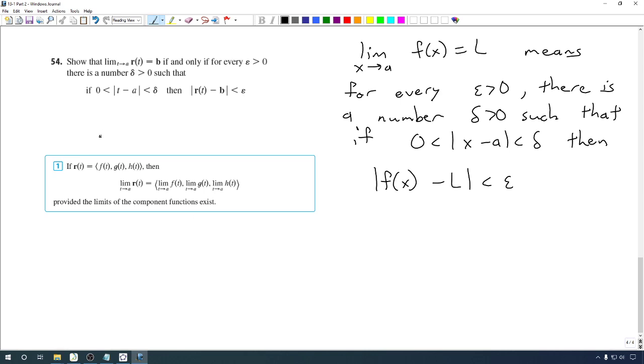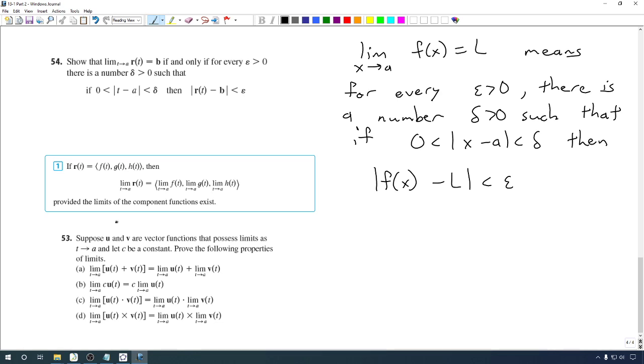Of course, this limit is only going to ever exist if all three of these limits exist. You can actually prove that directly from the formal definition as well. If these limits don't exist, then this limit doesn't exist either. And if these do exist, well, this limit is made up from those limits, and so we're all good. But it means that to take limits for vector valued functions, we don't really have to do anything special. We just take multiple limits of real valued functions, stuff that we already know how to do.